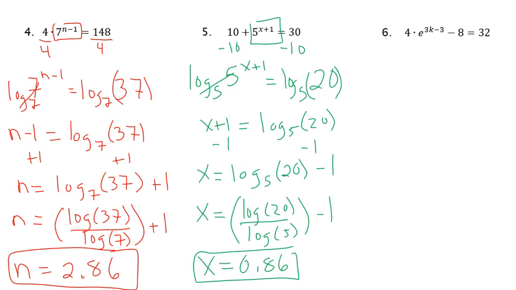All right, for our last question, we're going to go ahead and do the same thing. So it's kind of repetitive, the same thing over and over. So I'm going to go ahead and add 8 to both sides. And divide by 4.